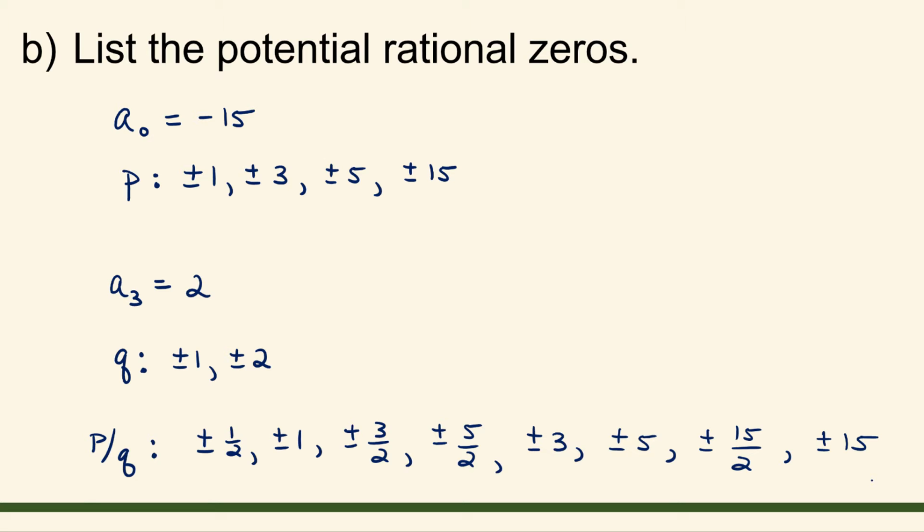From small to large, and also in lowest terms, our p over q list includes plus or minus 1/2, plus or minus 1, plus or minus 3/2, plus or minus 5/2, plus or minus 3, plus or minus 5, plus or minus 15/2, and plus or minus 15. If function g has a rational zero, it must be one of the 16 possibilities listed.